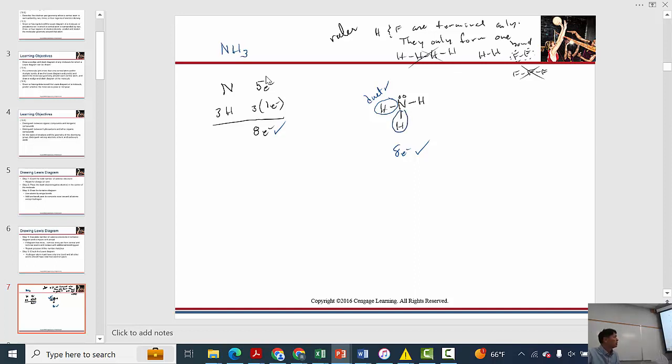So it's a filled shell configuration with 2 electrons. How about nitrogen? Does nitrogen have an octet? Yeah, nitrogen has an octet. It's 8 electrons. So we want to make sure the octet and duet rules are satisfied, and they are in this case.